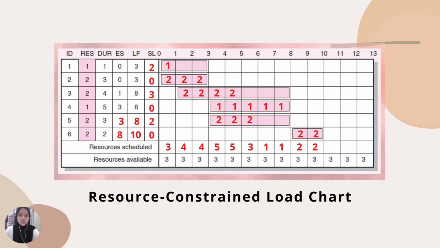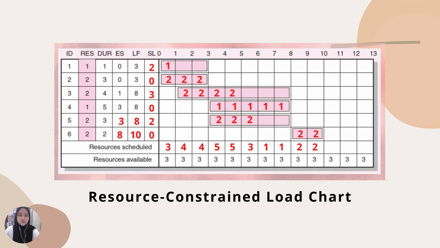So within the shaded region, we can fill in only 1 because the duration is 1. Like for activity 2, the number of resources will be needed for 3 durations of time, so all 3 must be filled. The shaded region that is not filled can be considered or assumed as slack.